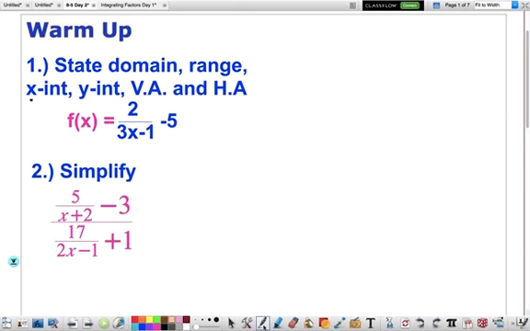Two, you need to turn the numerator into a fraction and the denominator into a fraction. Turn this into a fraction, turn that into a fraction, and then simplify it.